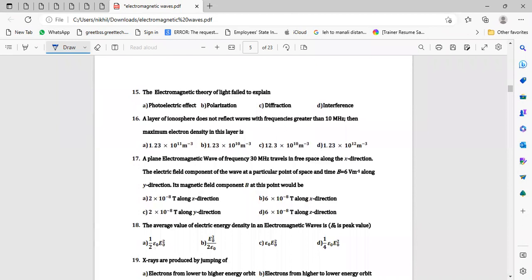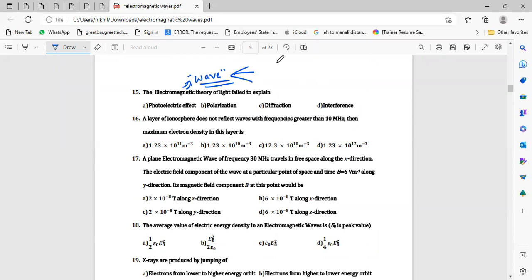Electromagnetic theory failed to explain which phenomena? You know that this electromagnetic wave is going to be explained based on which theory? Wave theory. So electromagnetic theory is basically a wave theory, which means the wave phenomena can be explained.